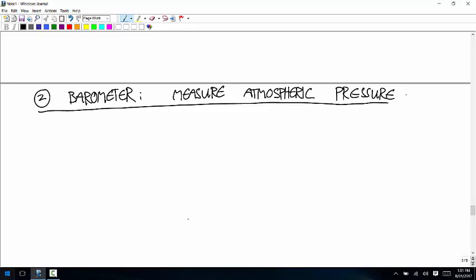And a barometer looks like a container holding a liquid, with a tube like this containing a liquid.